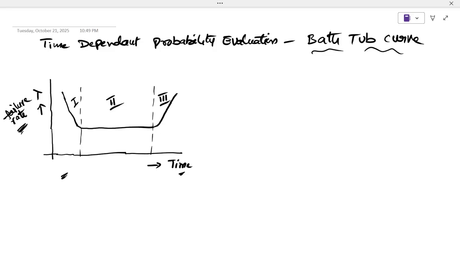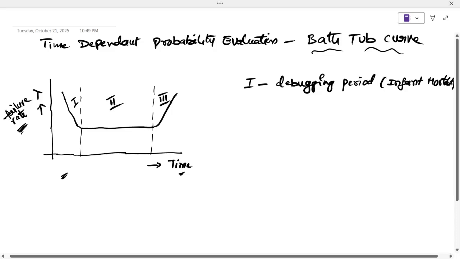Here in this bathtub curve, we have three different phases: phase 1, 2, 3. Phase 1 represents the debugging phase or debugging period, also known as the infant mortality period or infant mortality phase.